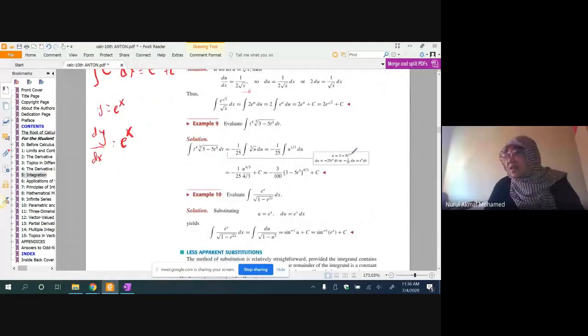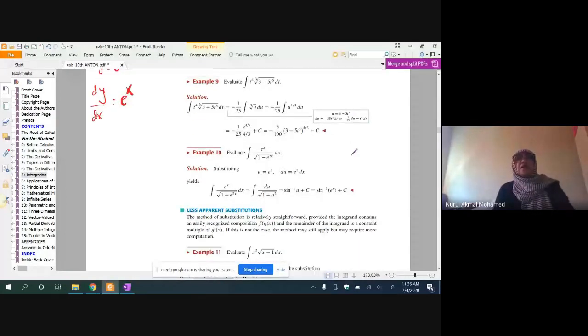Okay, now let's go to example 9. Evaluate integration of t to the power of 4 multiplied with the cube root of 3 minus 5t to the power of 5. Okay, so what will be your u here? Your u will be something which is between the small bracket or under the square root or cube root function.